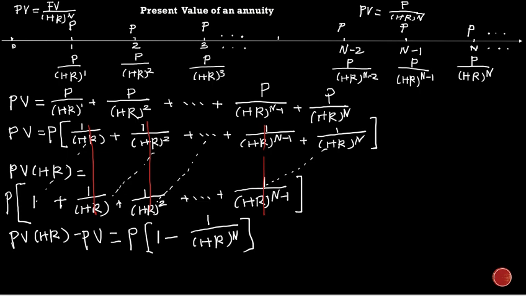Okay, we did this one. PV and PV cancel out. We have PV times R, and this one we rewrite like this.